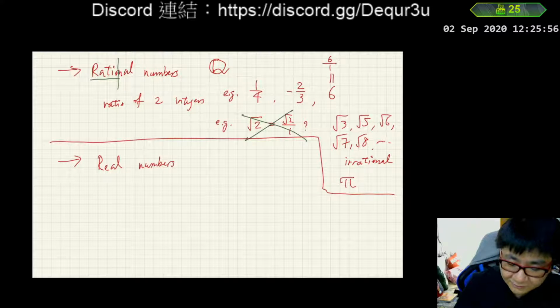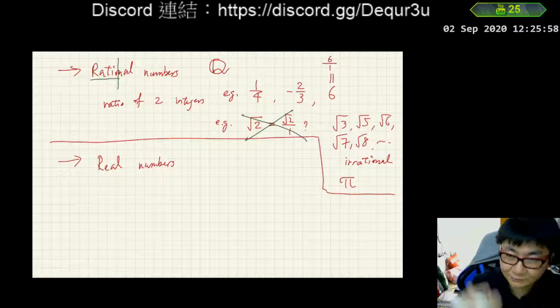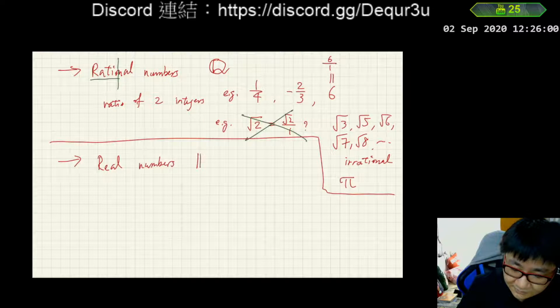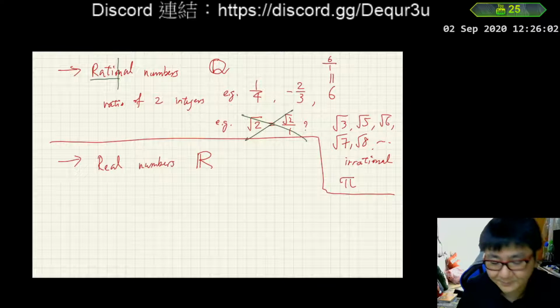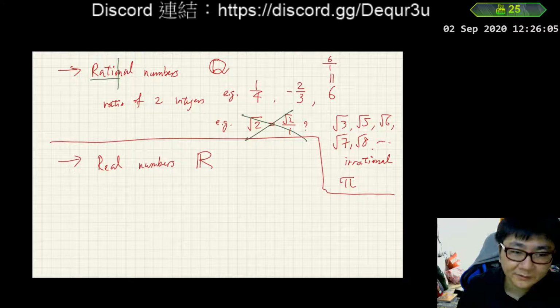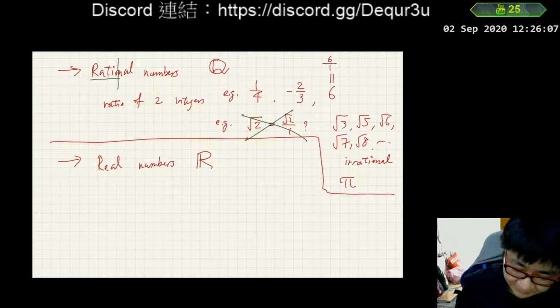Then this set is the real number set. Since it is the real numbers, the symbol we use is R. This real number set simply means rational and irrational numbers.